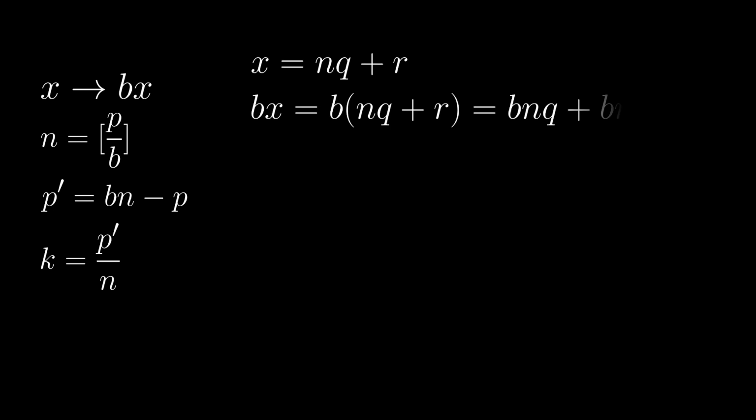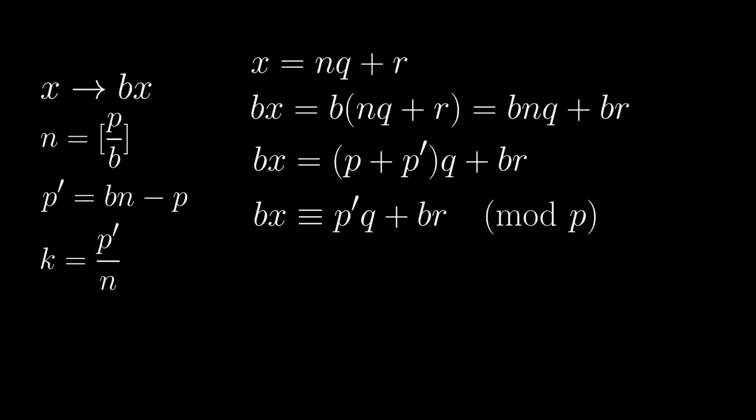And because bn is equal to p plus p', I can rewrite this as bx equal to (p plus p') times q plus br. Modulo p, the term pq disappears, so I'm left with bx equivalent to p'q plus br modulo p. Here, q tells me how many times the circle rotates, and r tells me where inside the circle it sits.